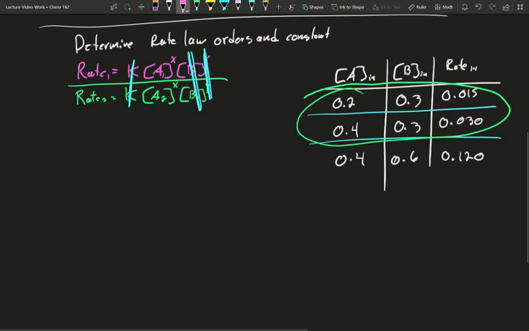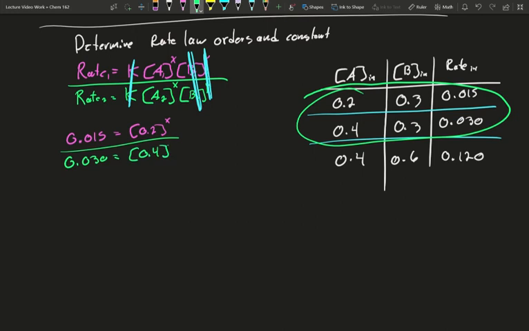Well, let's plug this in. 0.015 is going to equal, remove all the canceled parts, 0.2 to the x. And on the bottom, 0.030 is going to equal 0.4 to the x. We can set up our ratio of our rates and concentrations.